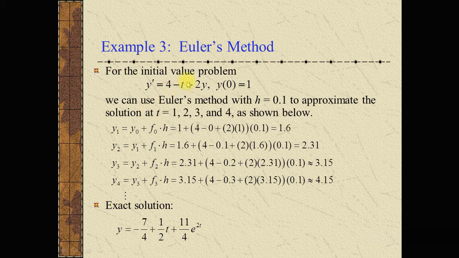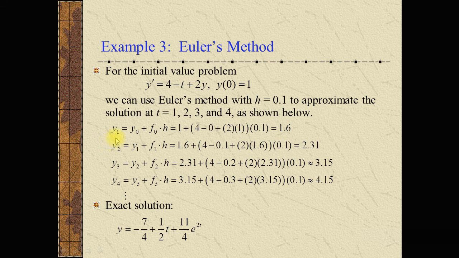At t0, y0, the function will be 4 minus t0 plus 2 y0. The y0 value is 1, the t0 value is 0, and the step size is 0.1. After simplification, we obtain 1.6.